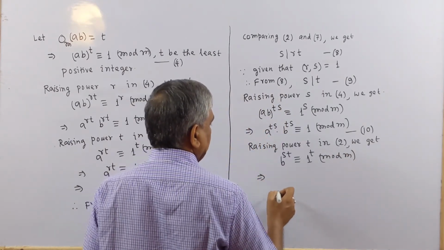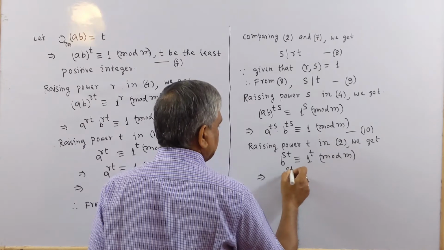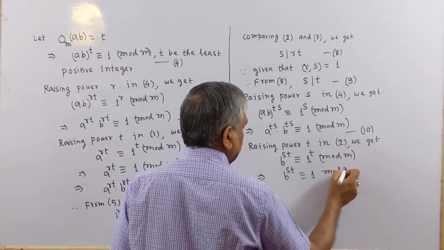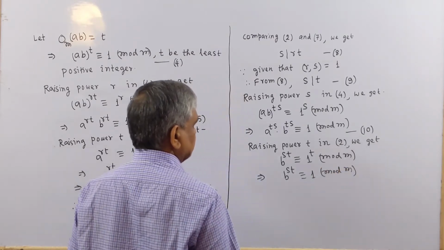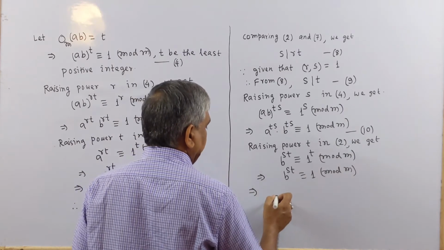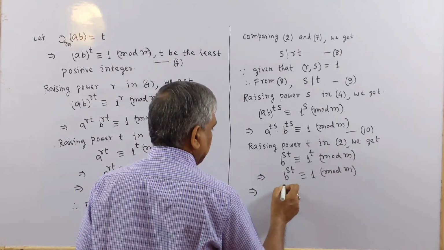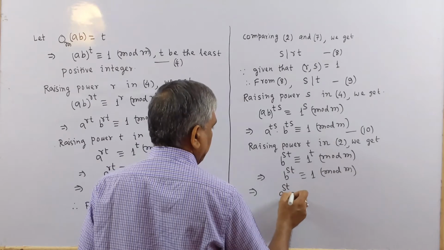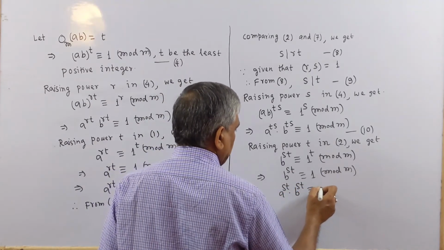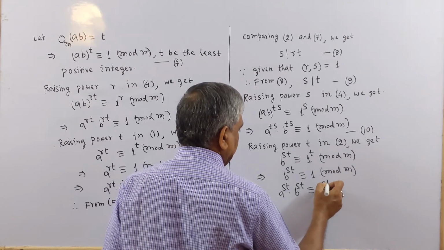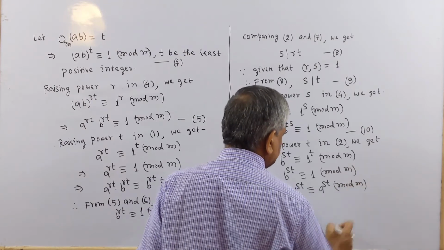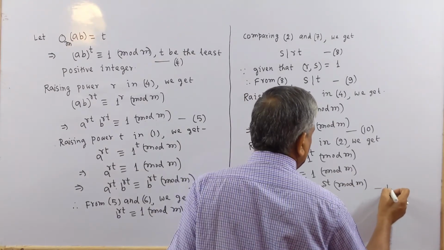Implies that b to the power st is congruent to 1 modulo m. Multiplying both sides by a to the power st, a to the power st multiply b to the power st is congruent to a to the power st modulo m. Let this be number 11.